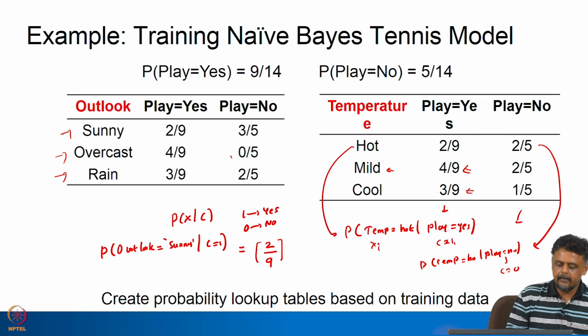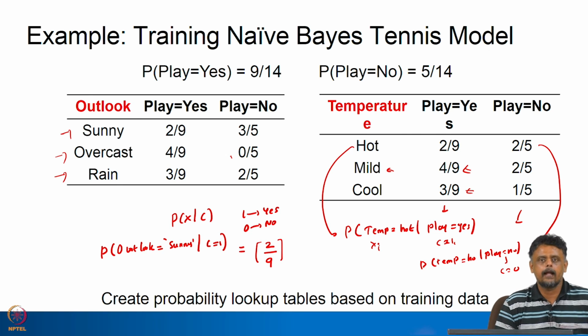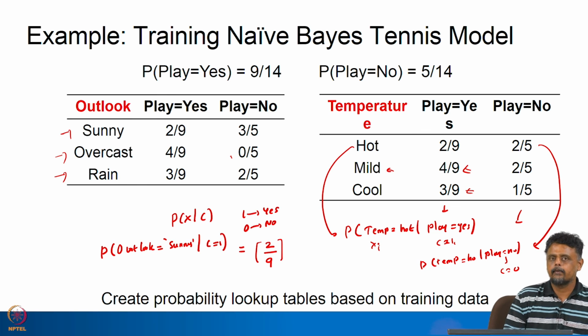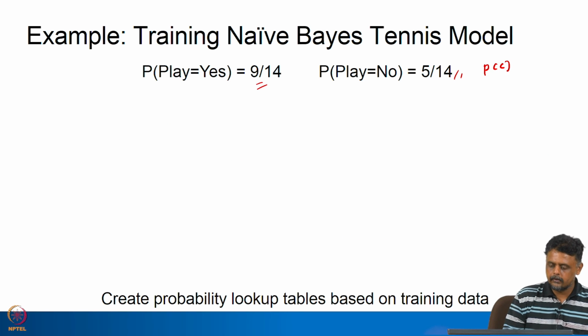This particular feature is categorical because it takes on 3 values: sunny, overcast and rainy. In fact, in this entire data set all of the features are categorical; there is no continuous variable, but that is how you would calculate it. Let us go back.